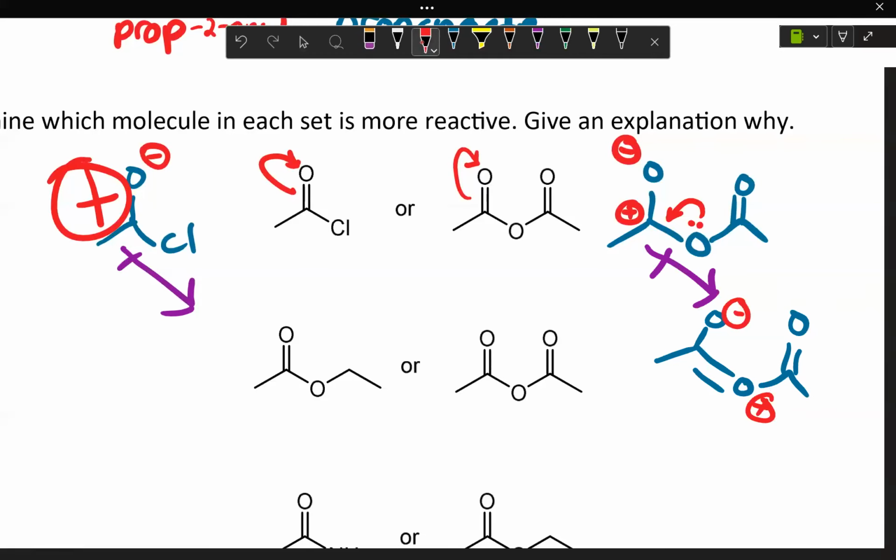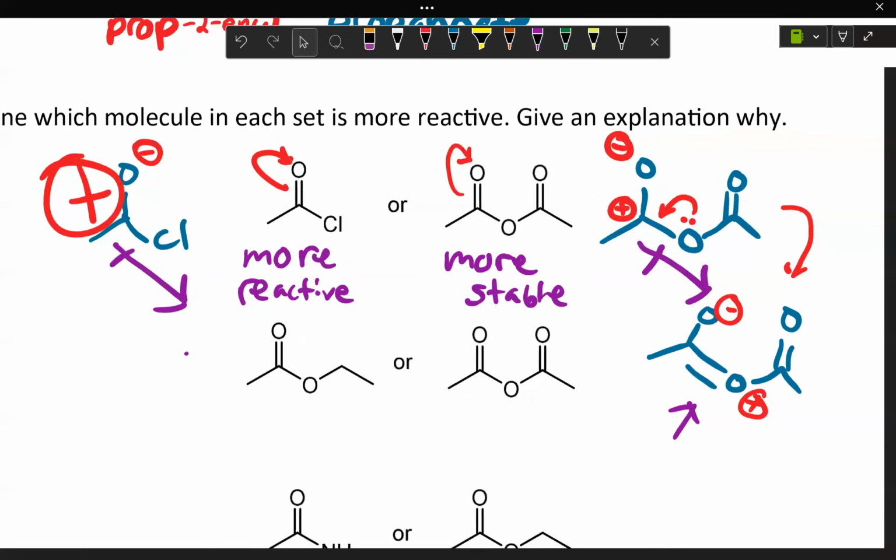Although oxygen is pretty electronegative like chlorine is, oxygen is more willing to do this resonance structure than chlorine is. So because of that, the anhydride is more stable, and more stable means less reactive. So that means that the acid chloride is more reactive.